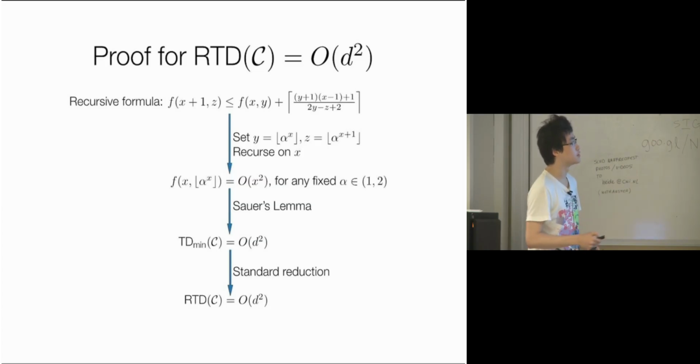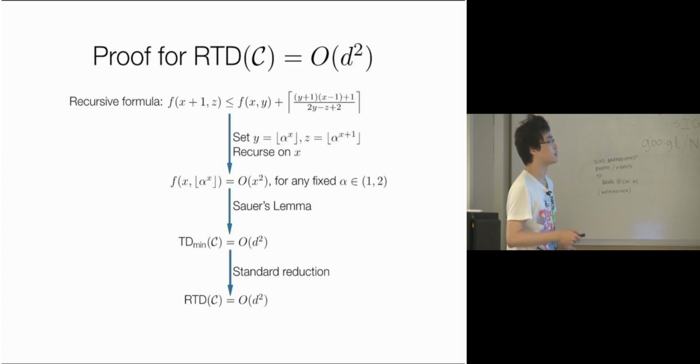If we look at the recursion, we can see that if we choose these values, in each recursive step we have a linear adding term here, and then by solving the recursion, we get a quadratic form. If we want to strengthen this method to make it a linear bound, it's kind of hard, since we need a constant addition here, which doesn't seem easy.